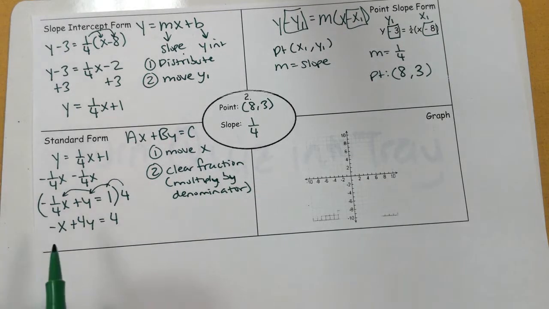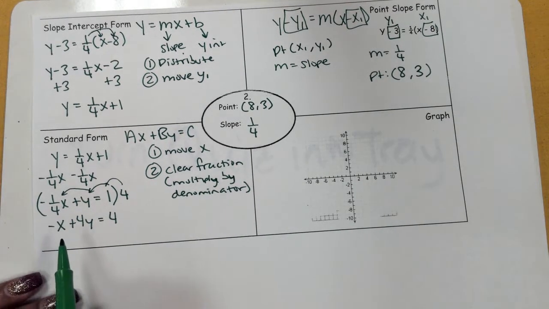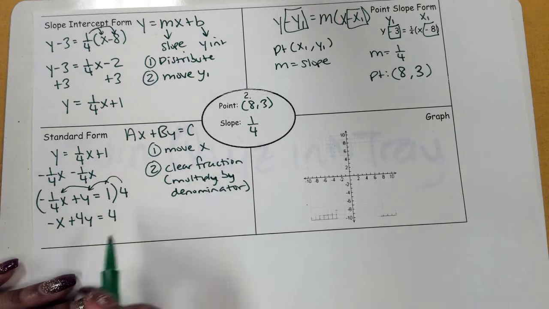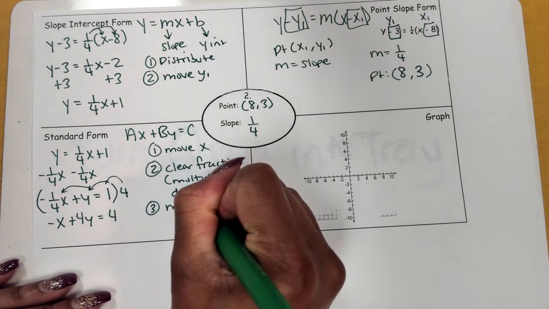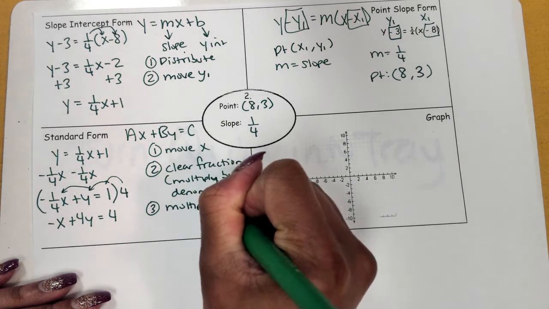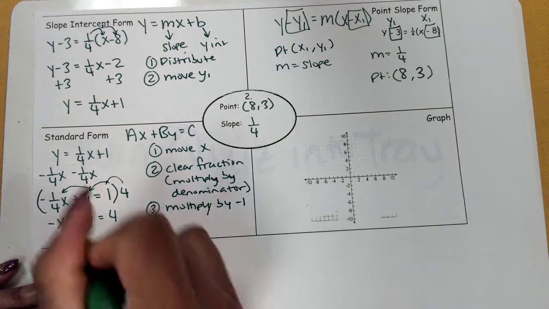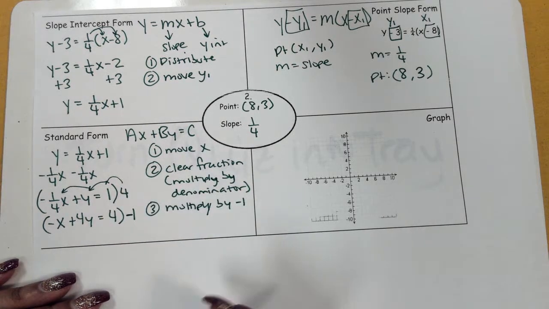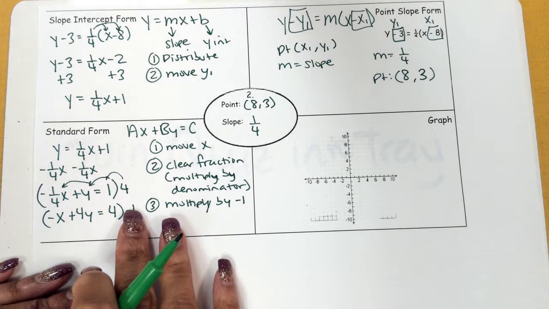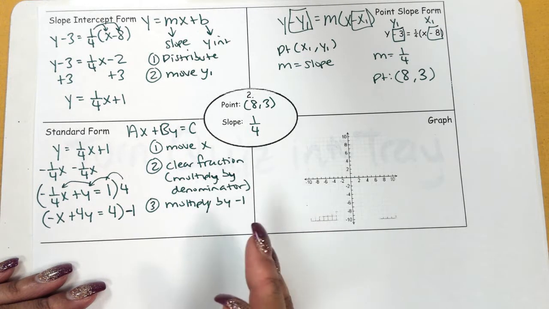Okay, so now I notice that ax is negative. So in order to get rid of the negative, I'm going to multiply by -1. So I'm going to multiply each term by -1 this time. Some of you guys have realized you can multiply by -4. You could have done both at the same time.